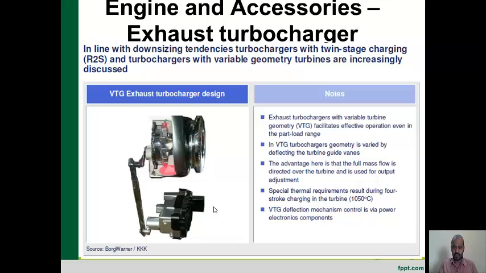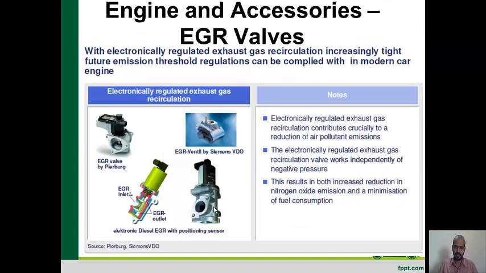The turbocharger is driven by the exhaust gas. The waste energy from the exhaust gas is recovered with the help of a turbine attached in the exhaust path, and that turbine in turn rotates the compressor attached to it, which compresses the intake air. Nowadays research is going on to replace the turbine with an electric motor. And similarly EGR valves.